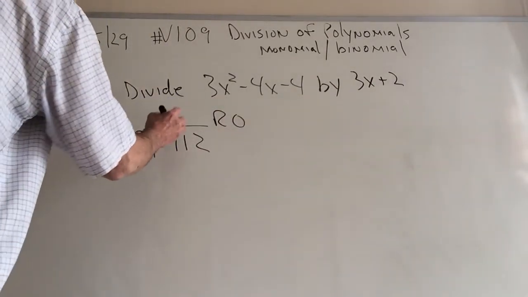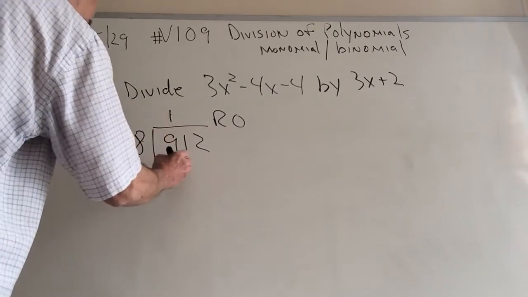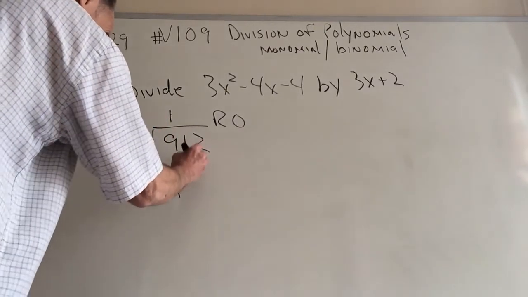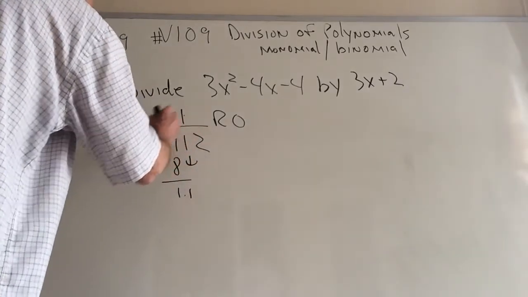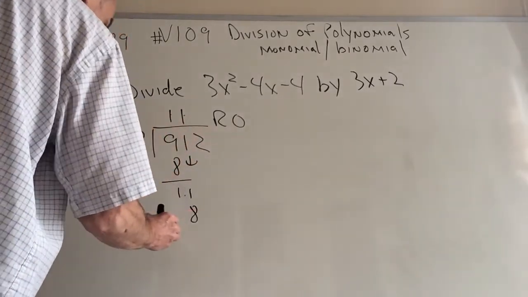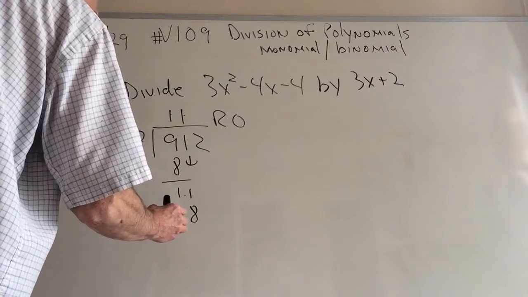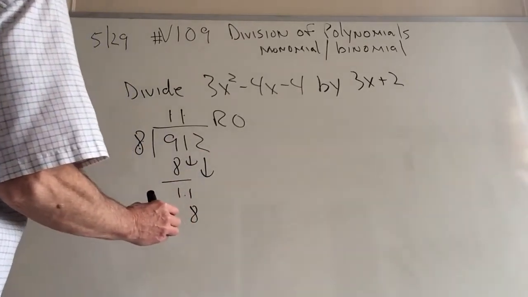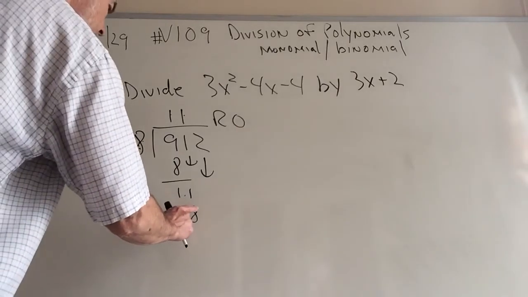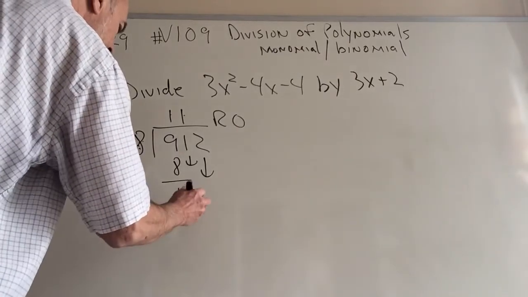So 8 goes into 9 one time, so multiply 8 times 1, bring down the 1, 8 goes into 11 one time, 1 times 8, and bring down the 8.